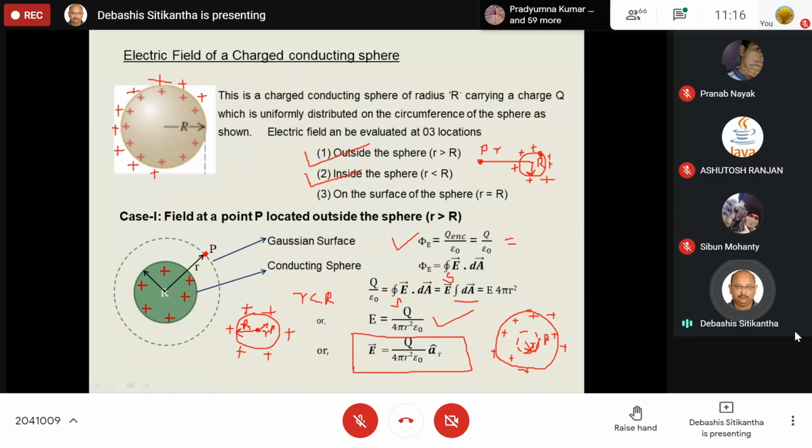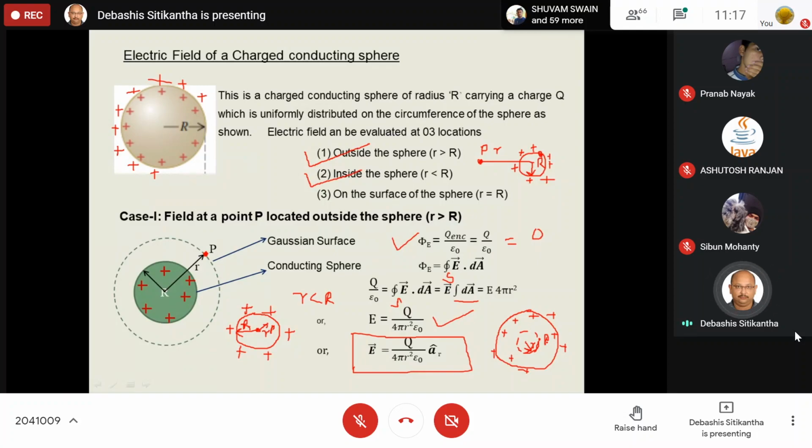So no charge is actually lying inside the sphere. In this case, your Q enclosed is equal to 0. So if Q is equal to 0, then phi E is also equal to 0. So we can directly say that your electric field is going to be 0 inside a hollow conducting sphere.